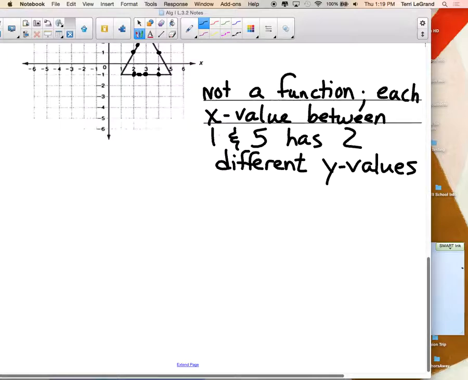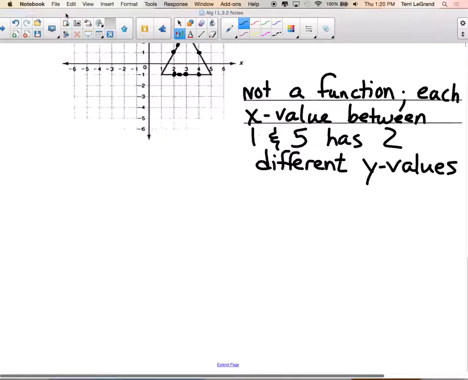Anything beyond 1, anything up to 5, any x value you choose has 2 different y values. So we're going to be that specific, okay? Any questions now before we move on? Thank you for catching that one. Okay, we are going to move on.